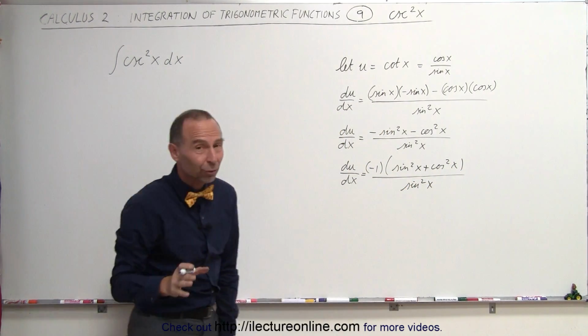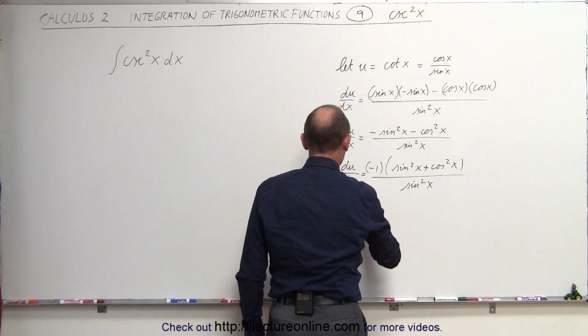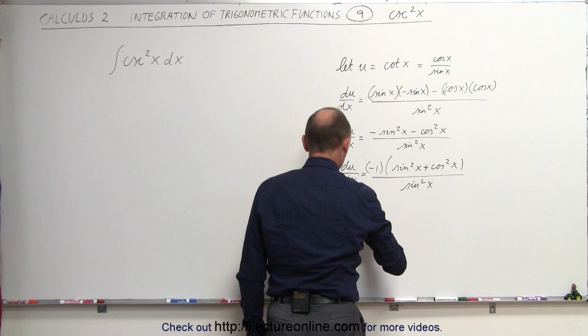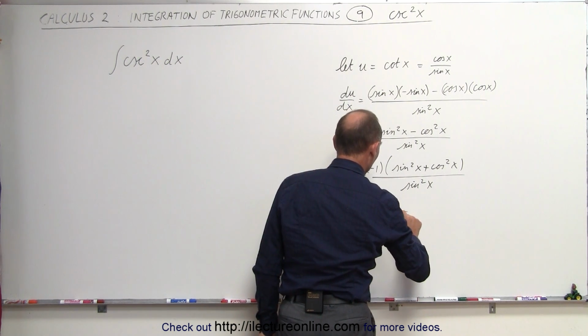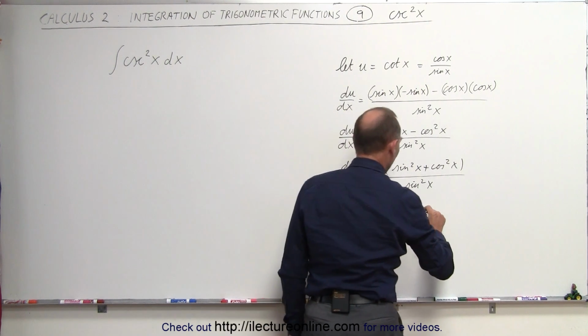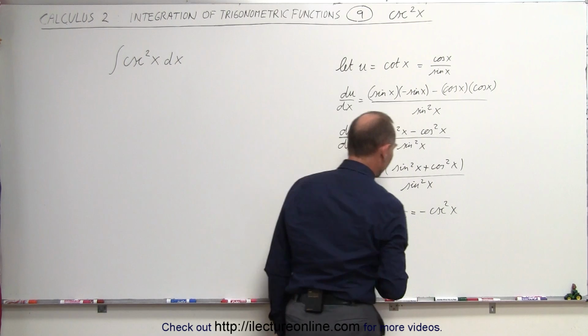And of course, the sine square of x plus the cosine square of x is equal to 1. So we see that du dx is equal to minus 1 divided by the sine square of x, which is equal to minus the cosecant square of x.